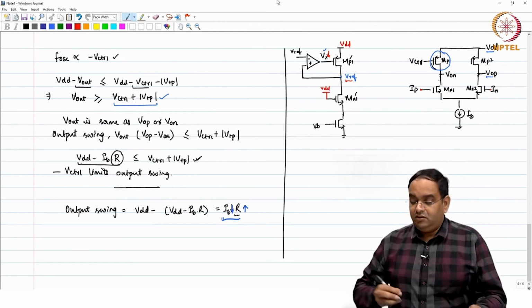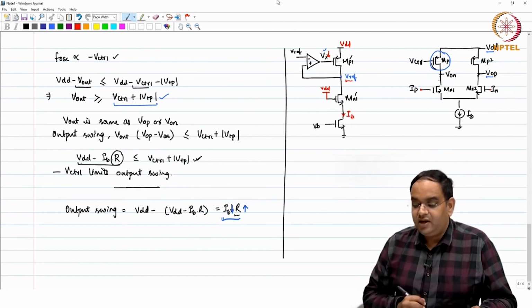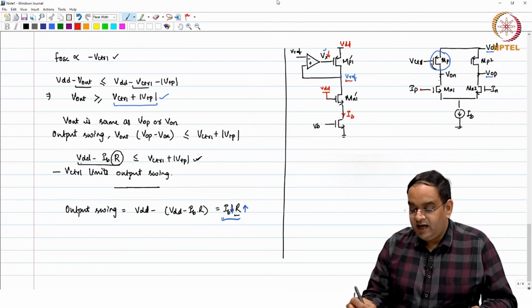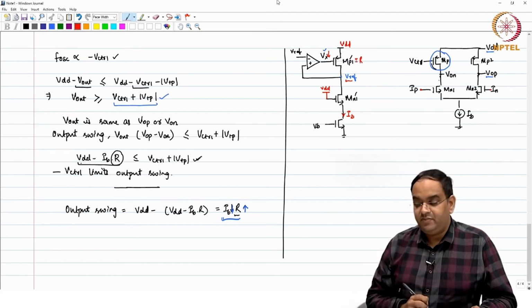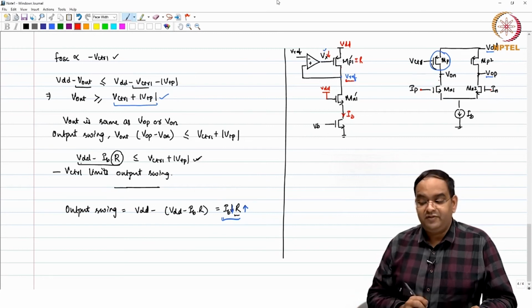Okay. Now, if there is a current IB here, for IB current I will get the equivalent resistance value for this transistor MP such that this voltage remains Vref.